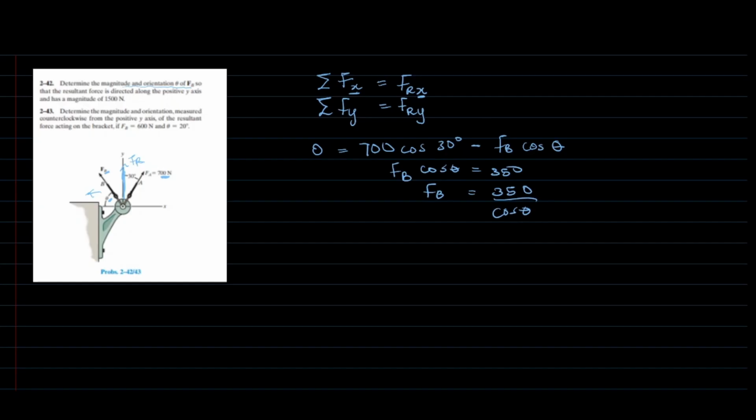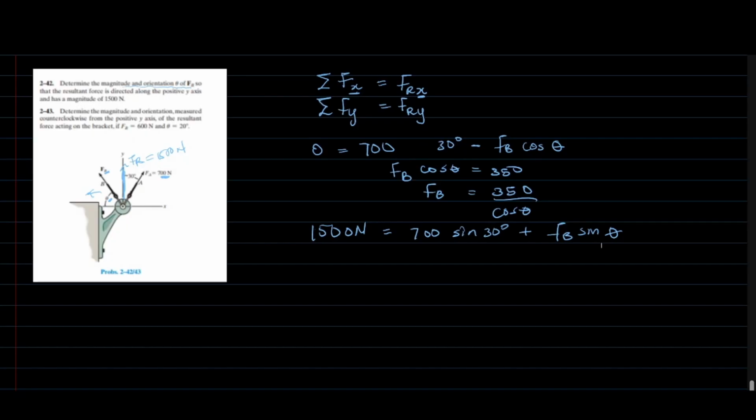Now moving on to y, we know that the y is 1,500 newtons. You can see it was given in the question. Equals 700 sine 30 degrees plus FB sine theta. I made a mistake here. Here's supposed to be sine, not cos.